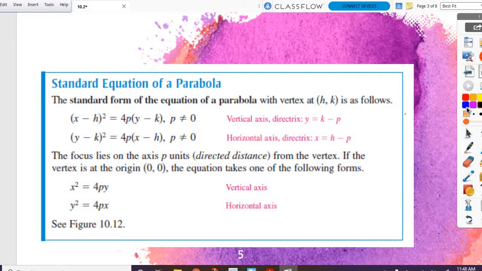Okay, so a couple of things to point out. Your vertex is going to be at h comma k. Your directrix is at y equals k minus p, or x equals h minus p. And your focus is also going to be p units away.